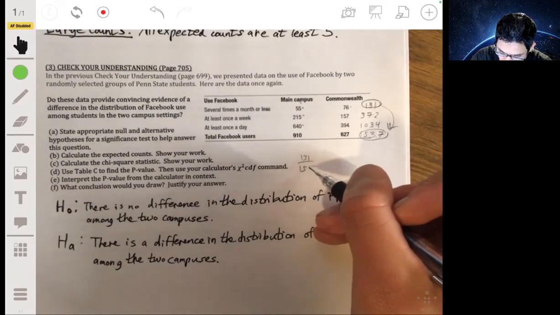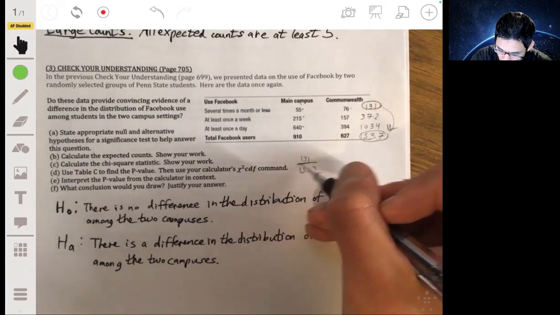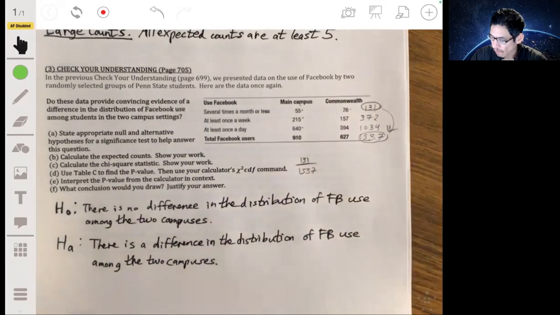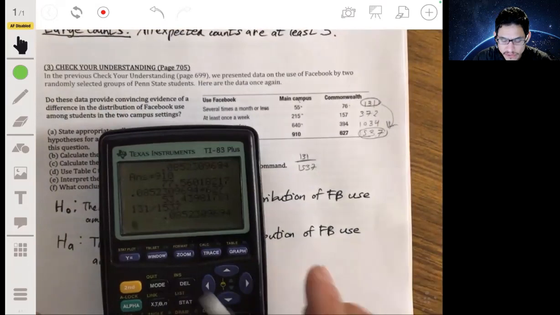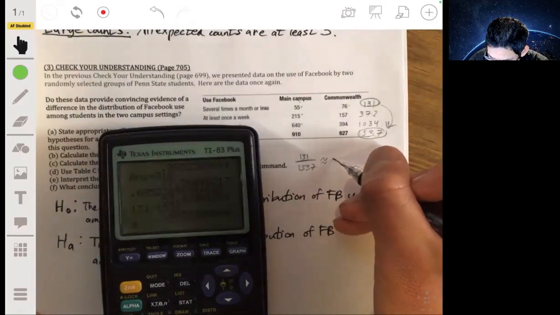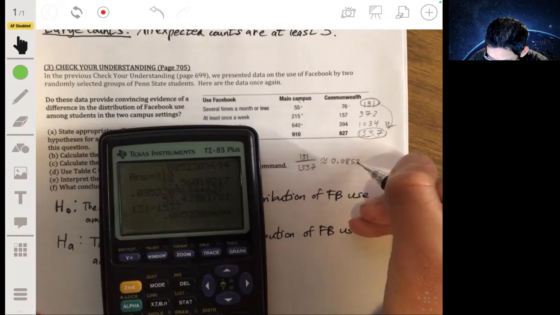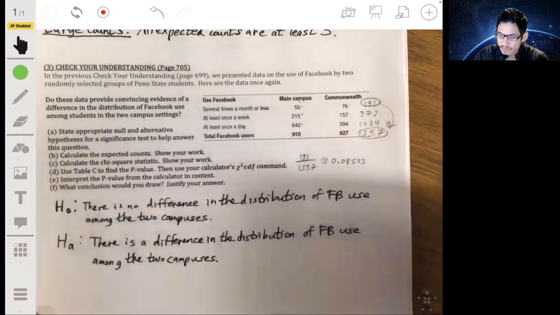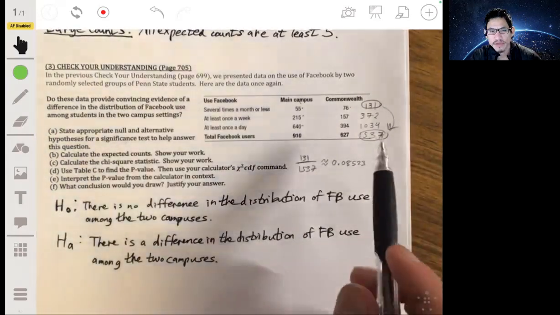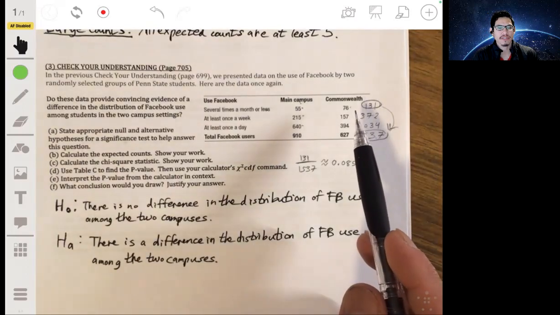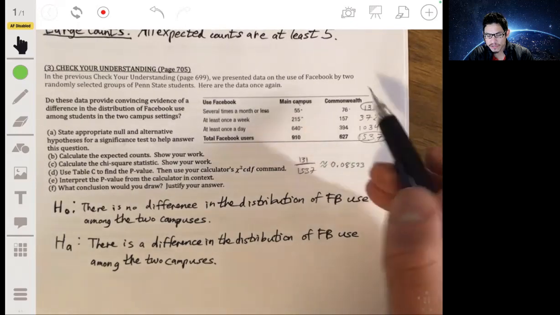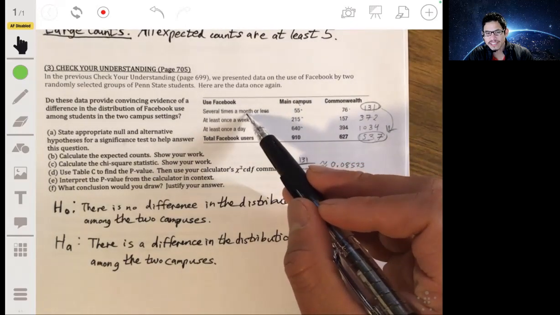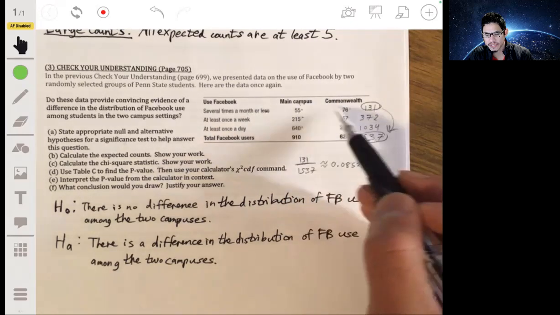Let's do that right here. And that's about 8.523%. Now, if we assume there's no difference in the distribution of Facebook use, that means that about 8.5% of students use it several times a month or less among each campus.